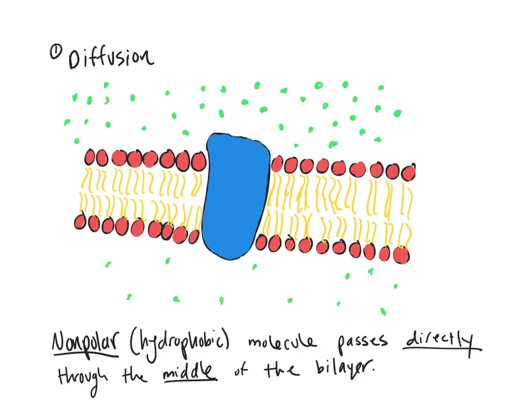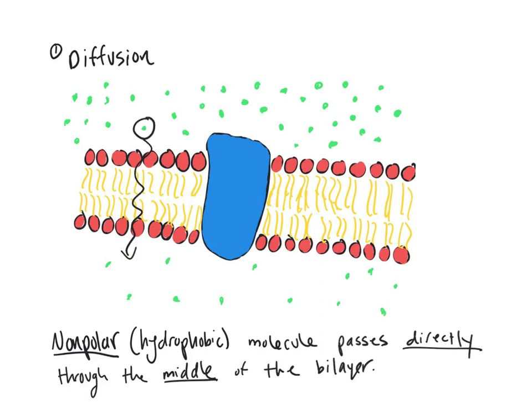Because if you remember, the bilayer is where the fatty acid tails of our phospholipids, or the lipid part of the phospholipids, are located. And so the middle, where all the yellow lines are in this drawing, is going to be hydrophobic. So other hydrophobic molecules can easily pass through that particular region. For instance, this particular molecule can travel directly through to the other side, or from out to in.